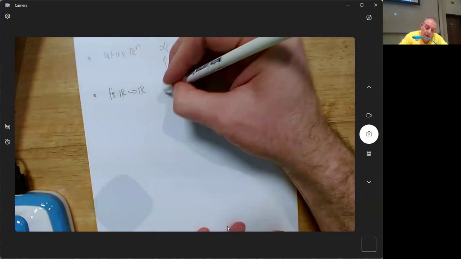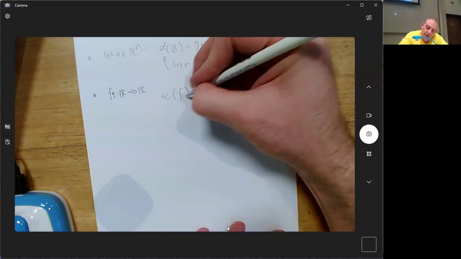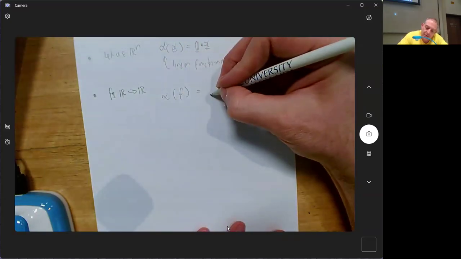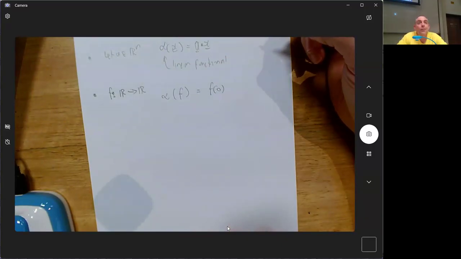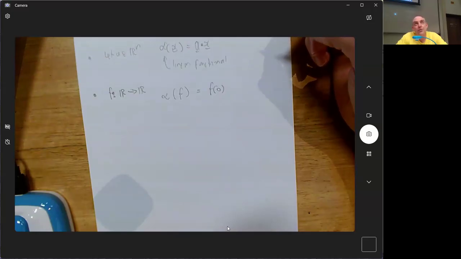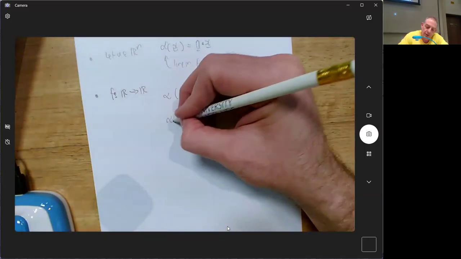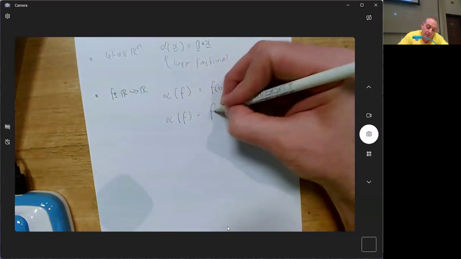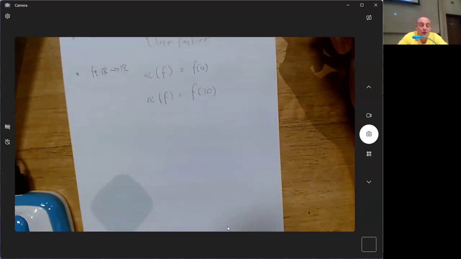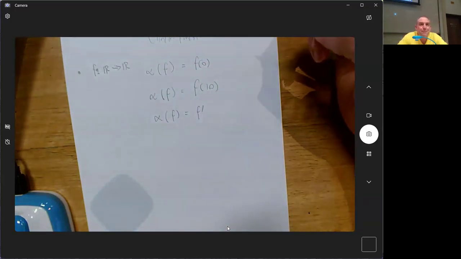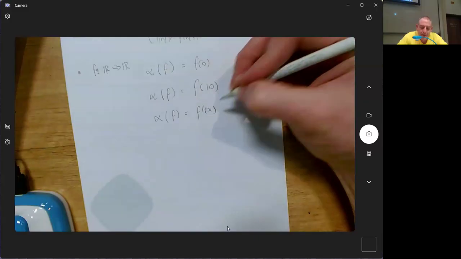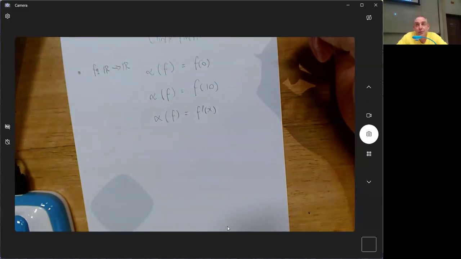And the function that takes f to f of 0 is a linear functional, because when you add two functions together and then sub in 0, it's the same as subbing in zeros first and then adding. Or you could sub in anything, that would work just as well. The thing that does the derivative of f is a linear functional.